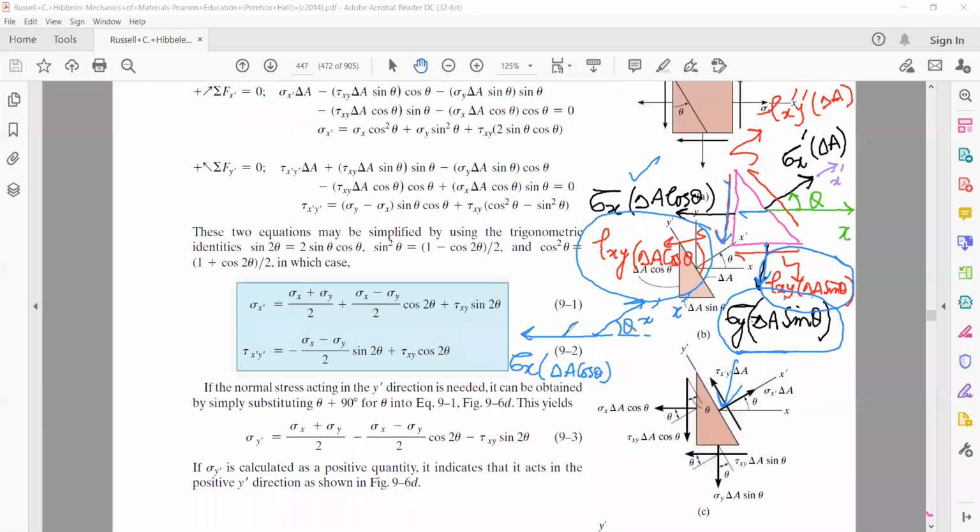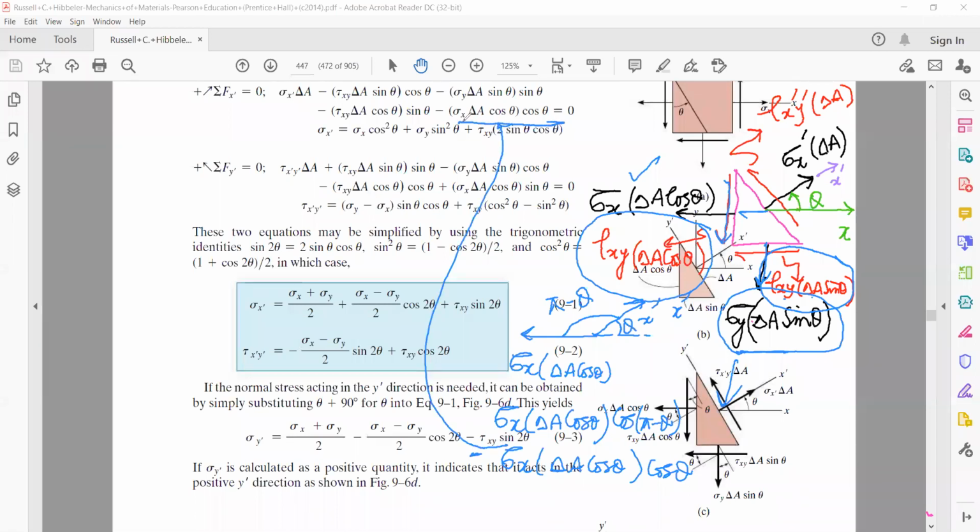Therefore, the component will be cos of pi minus theta. So it will be sigma x delta A cos theta multiplied by cos of pi minus theta. Cos of pi minus theta is minus cos theta. Therefore, the component will be sigma x delta A cos theta into cos theta, but minus. That's your last term here.